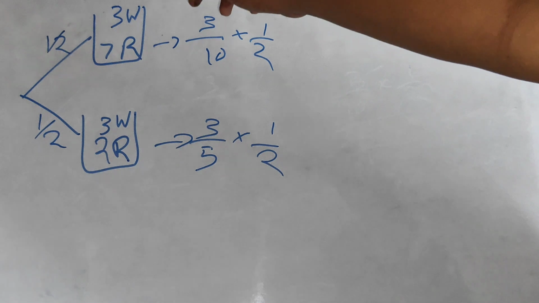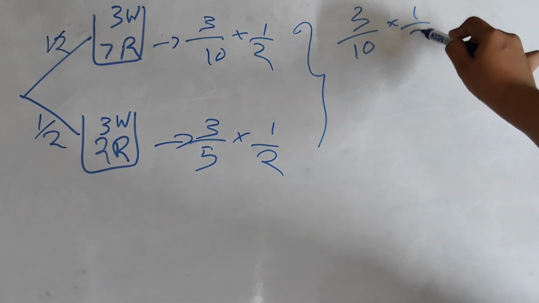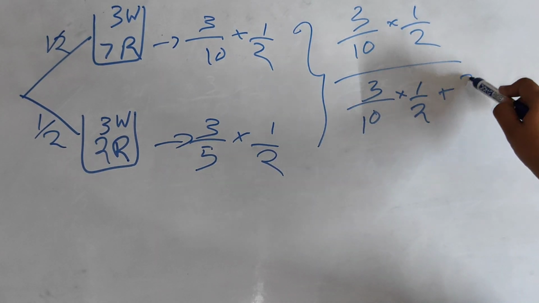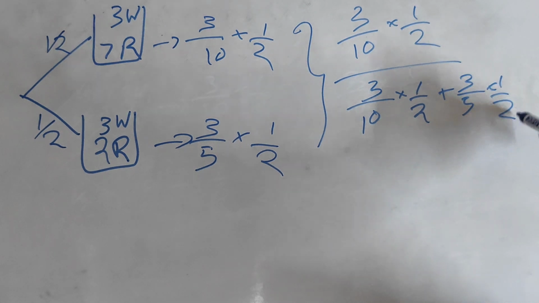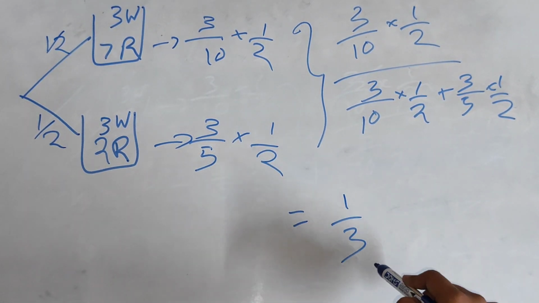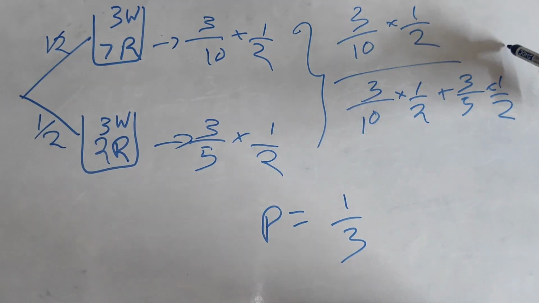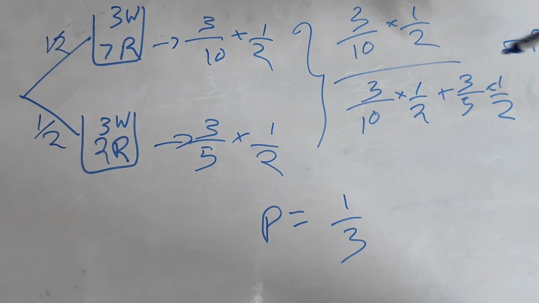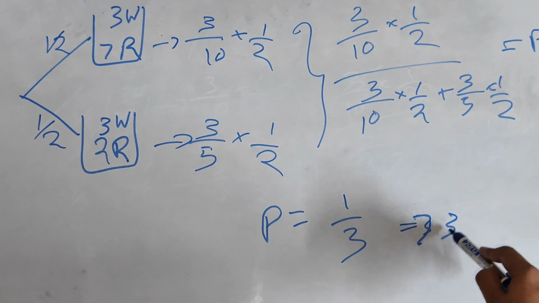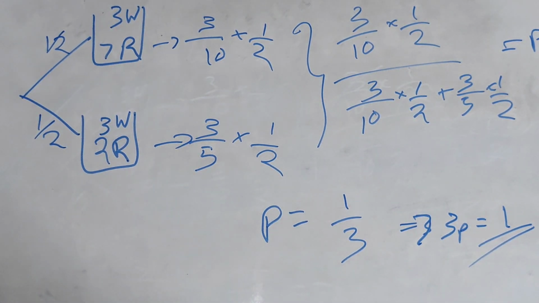So from choosing it from bag A, this will be 3 by 10 into 1 by 2 divided by 3 by 10 into 1 by 2 plus 3 by 5 into 1 by 2, which will be equal to 1 by 3, and it's given this is P. So P is equal to 1 by 3, and they ask the value of 3P. This implies 3P is equal to 1. Therefore the answer is 1.